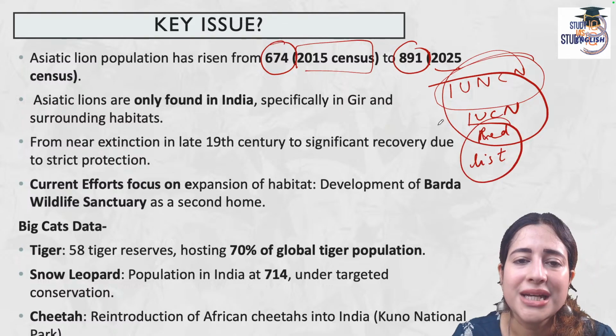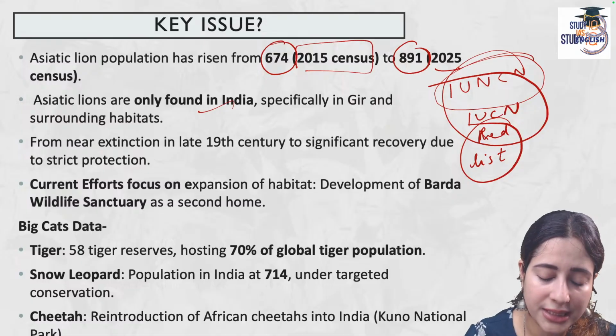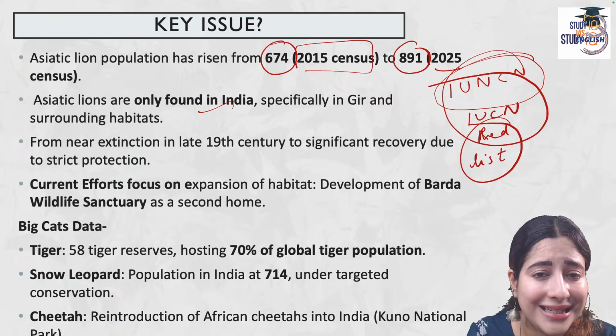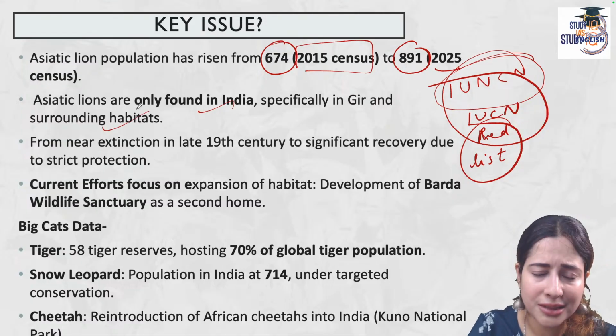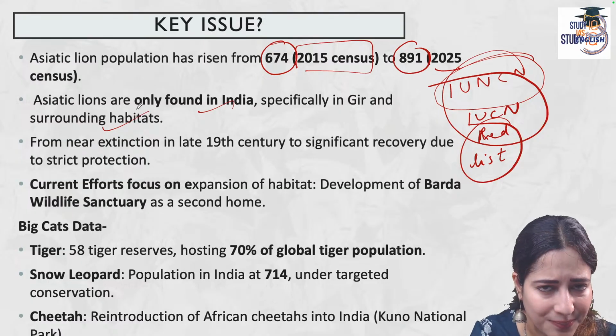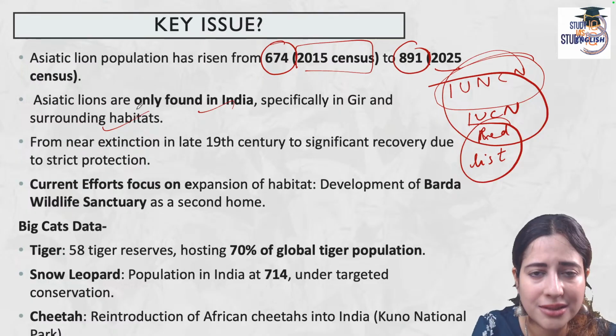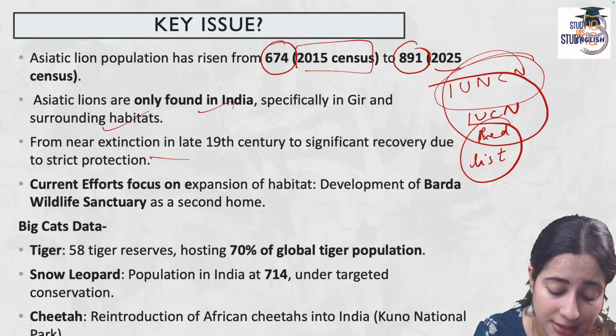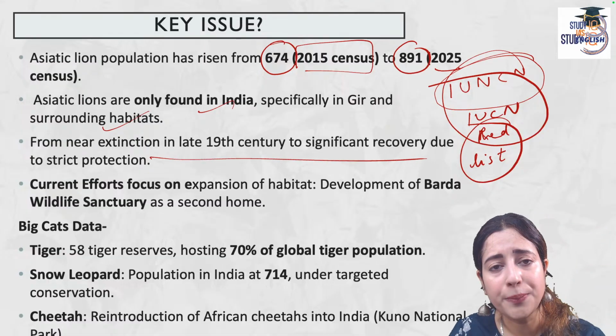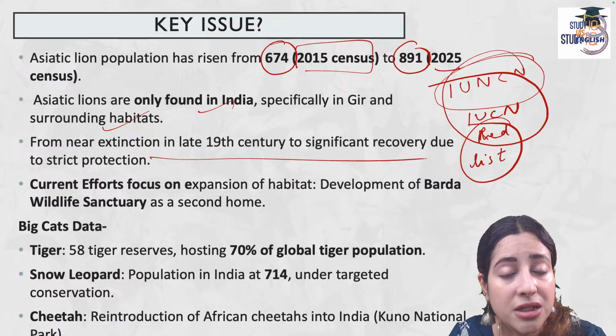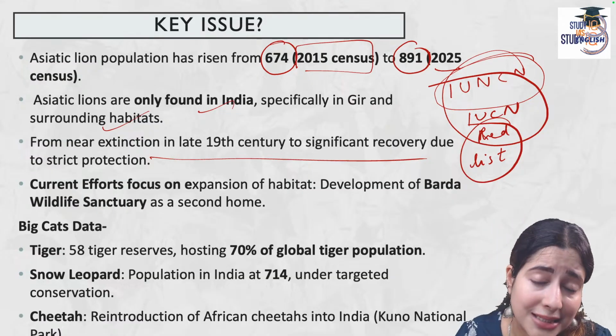As of now, Asiatic lions are only found in India, specifically in the area of the Gir National Park and the nearby areas of Gujarat, Rajasthan and a little bit of western upper Madhya Pradesh. The lion population in India had been facing the danger of extinction since the 19th century itself.